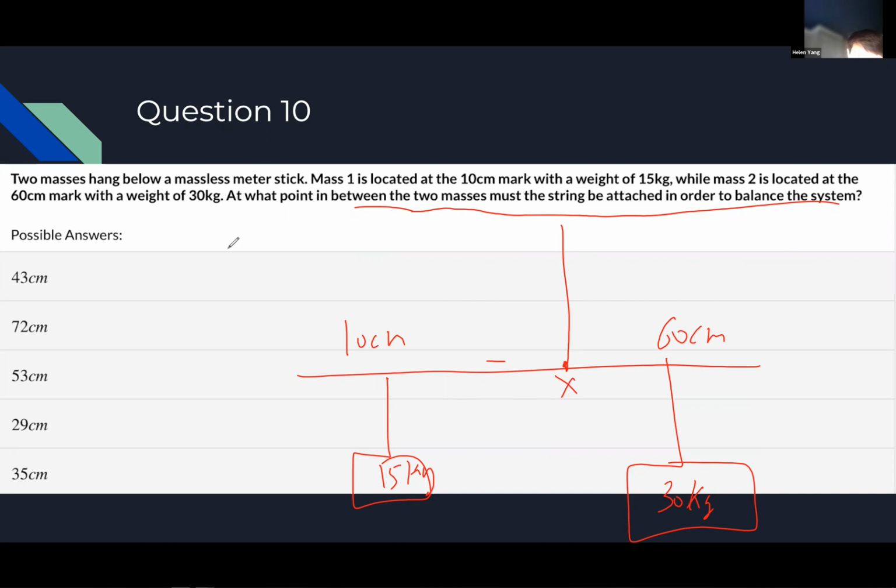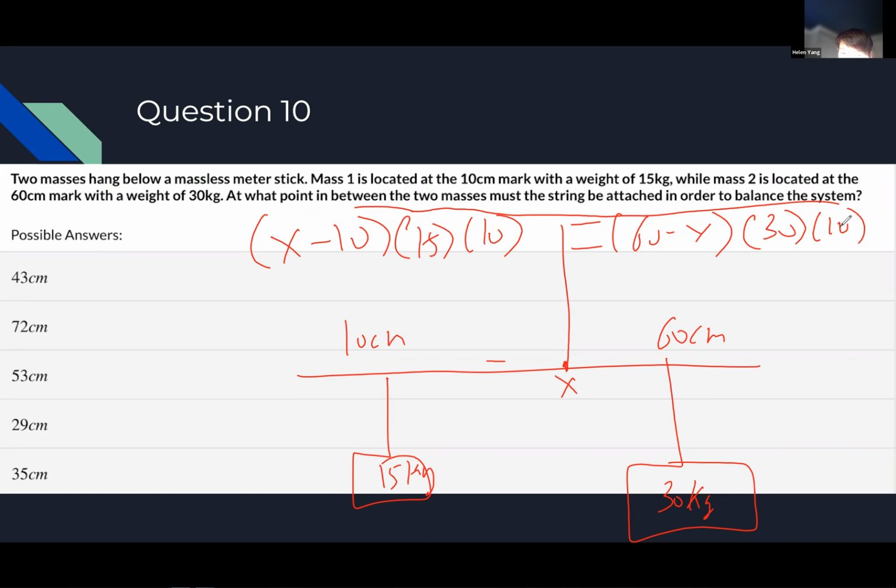So this distance would be x minus 10, times the force, which is mg, 15 times 10, and that's equal to this side. Since this is further, it's 60 minus x times mg, so it's 30 times 10.